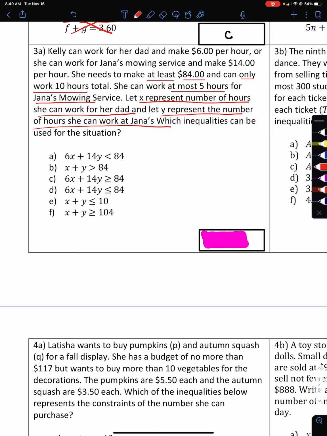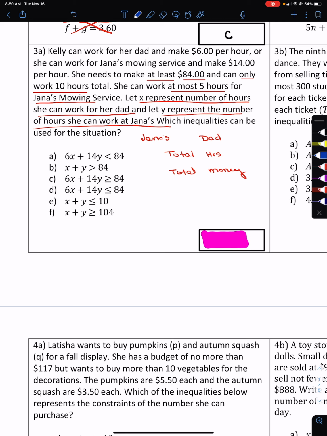All right, so let's see. If we're talking about Jenna's, and we're talking about her dad, the total number of hours, and we're talking about total money. All right, so these pieces of information are going to be important.